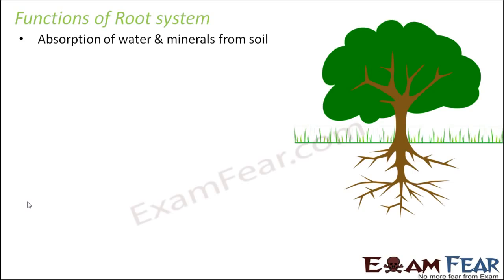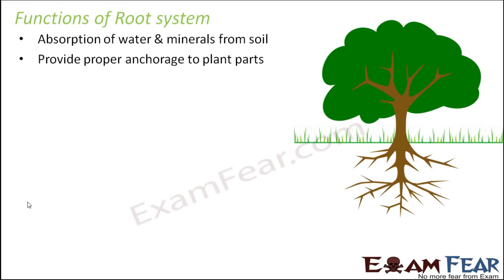So it is very obvious that roots are the ones which help in absorbing water and nutrients from the soil, and thus help in the growth of the plant. Do you think that without water or without any of these minerals a plant can grow? No, it cannot. So roots play a very basic and very important function in the life of a plant.